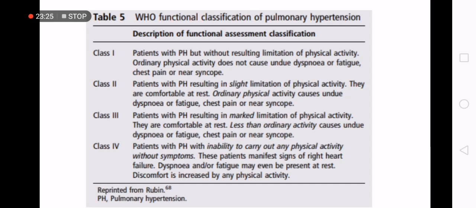They are comfortable at rest but less than ordinary activity causes undue dyspnea or fatigue with chest pain or near syncope. Class 4 is patients with inability to carry out any physical activity without symptoms. These patients also manifest signs of right-sided heart failure, with dyspnea and fatigue that may even be present at rest.